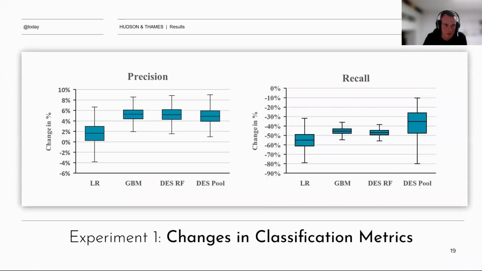And we can see this as well if you look at the changes in classification metrics. These box plots again illustrate the difference in classification metrics between the secondary and the primary models. A net increase in performance is indicated by a positive change, as is the case for precision, whereas a decrease is a negative change, as is the case for recall.